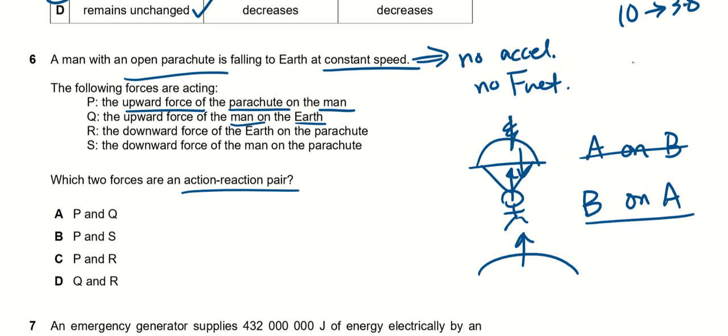No. Parachute on man, man on parachute. And it is upwards and downwards. So parachute on man, P on M, M on P. And the force direction is opposite. So it must be P and S. So answer is B. Okay, so actually this kind of question, if you know the trick behind it, it is actually to identify who is A and who is B. And they must act like A on B, B on A.